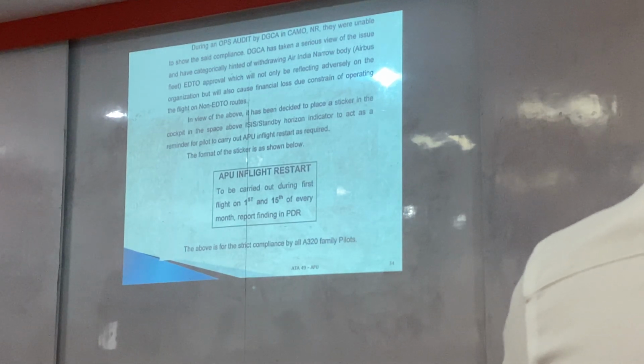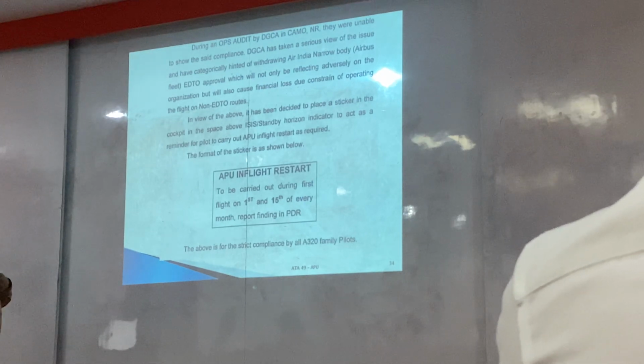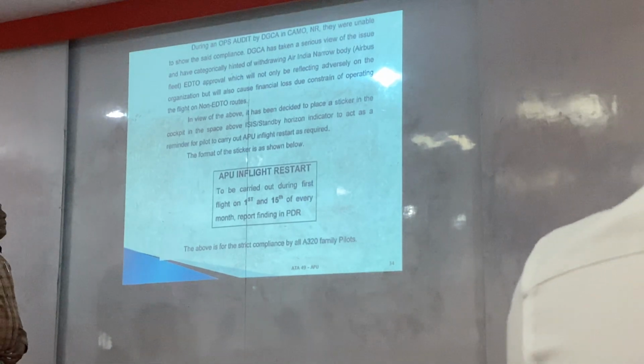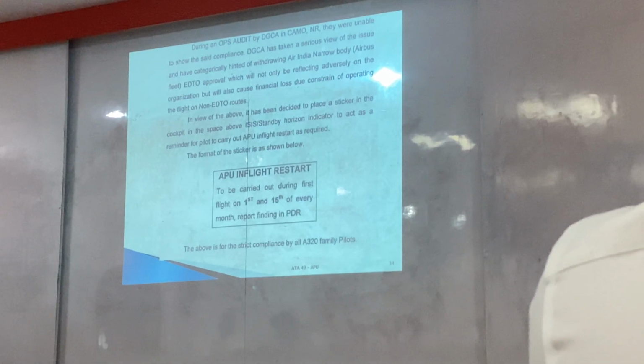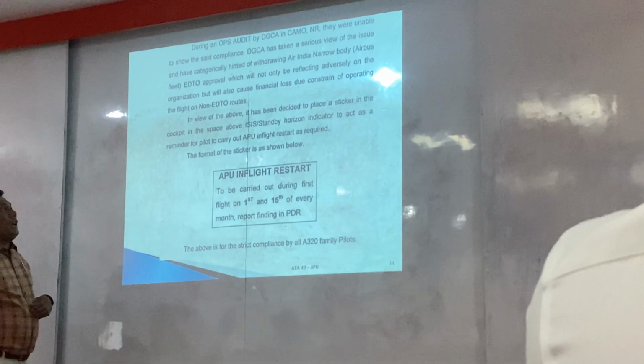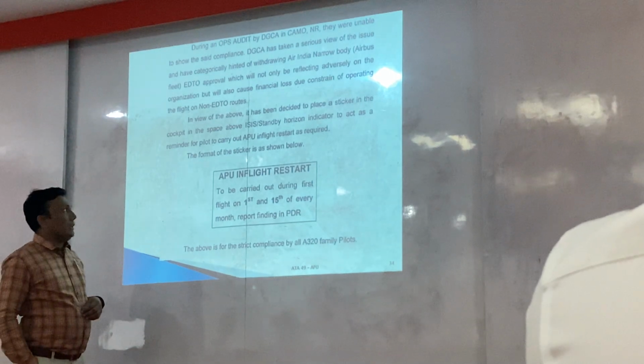In view of the above, it has been decided to place a sticker in the cockpit in the space above the standby horizon indicator to act as a reminder for pilots to carry out APU in-flight restart as required.